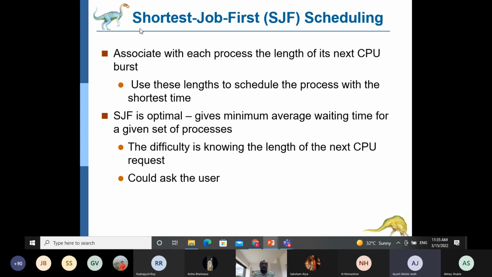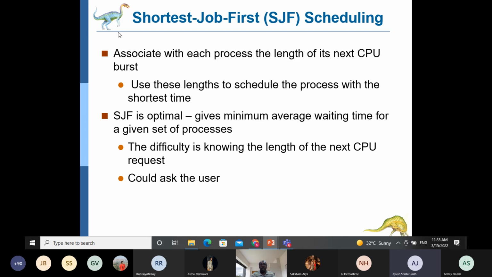To overcome that, one solution is this: in first come first serve, we have seen that the shorter CPU burst processes need to wait a long time for the completion of the larger burst process. So instead of waiting for a larger burst to complete, a process having a shorter CPU burst is prioritized. It is given a chance to execute on the CPU first, and afterwards the process which requires a longer CPU burst can be handled.